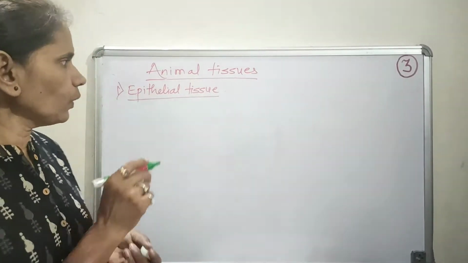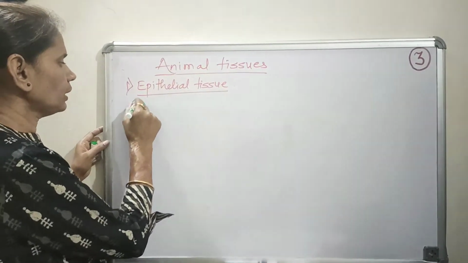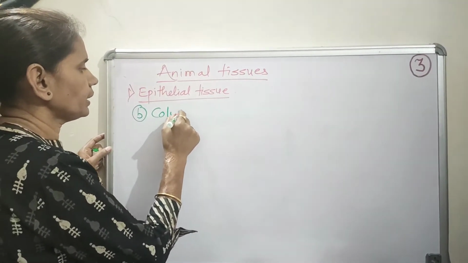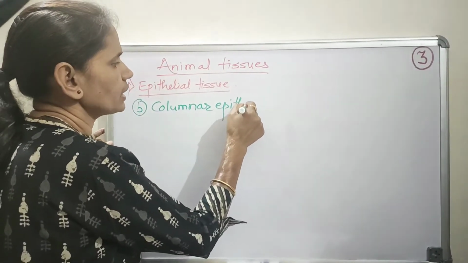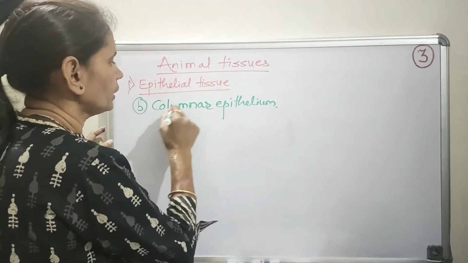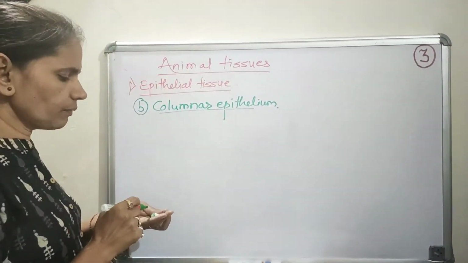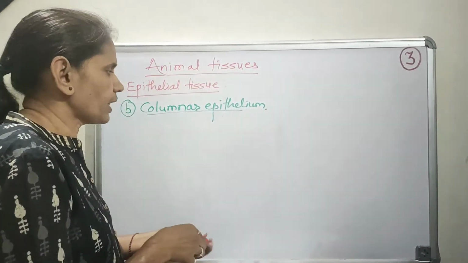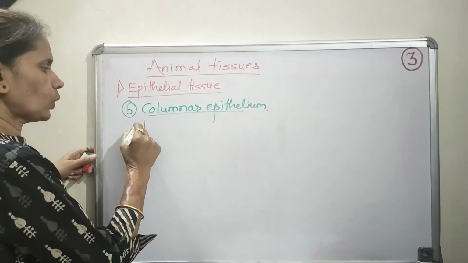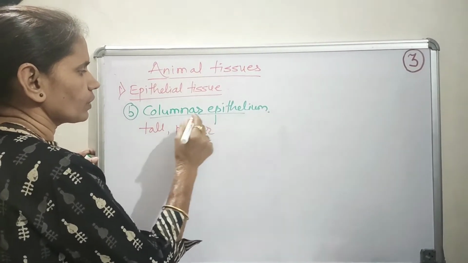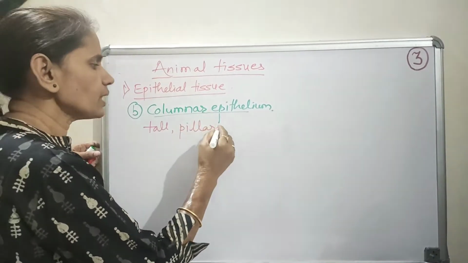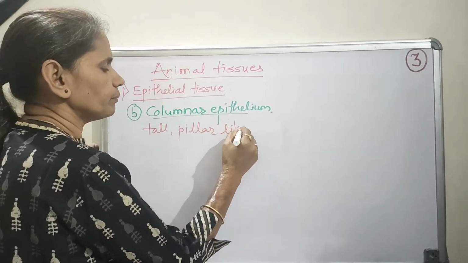The second type of epithelial tissue is the columnar epithelial tissue, or we can simply call it columnar epithelium. Here the characteristic feature of this tissue is that the cells are tall like a pillar. Like a column, so it is known as columnar epithelium.